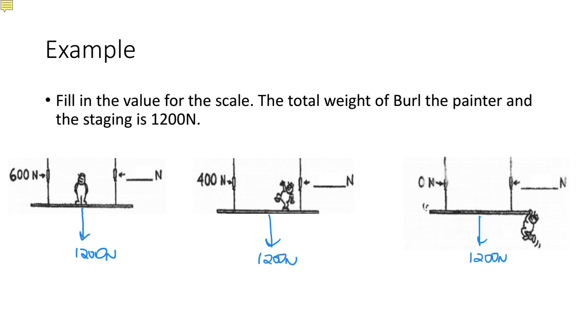And then looking at it, you might already automatically know the answer, that this is 600, 800, and 1,200. And without knowing it, you've already addressed some of the key ideas of rotational equilibrium, that the downwards forces have to equal the upwards forces, for example, or that when Burl is over here closer to the edge, that gives him a smaller radius and therefore a larger force, where here it has a larger radius and a smaller force.